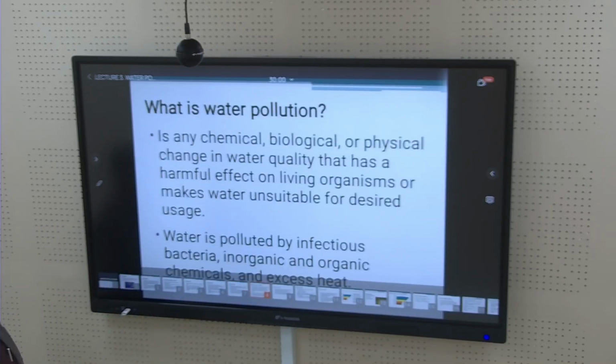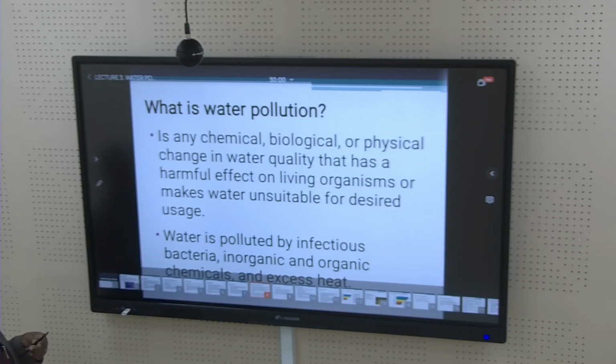What is water pollution so far? It's any chemical, biological, physical change in water quality that has a harmful effect on living organisms or makes water unsuitable for desired usage. If there are some other things that are biological, chemical, in certain water, so water changes its quality or it is undesirable for usage, so we term it water pollution.